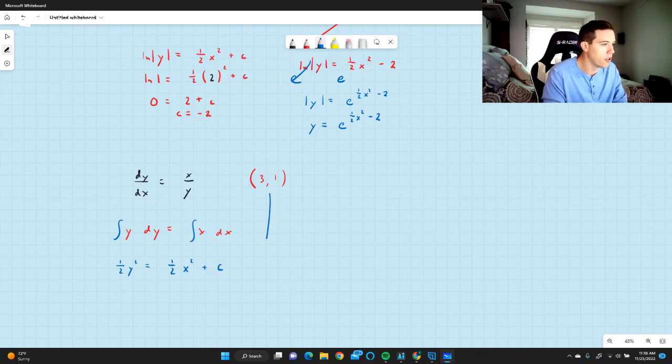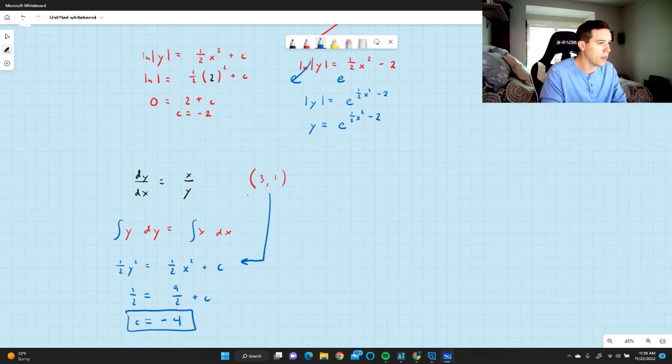Okay, then we plug in our initial condition here. Plug in 1 for y, so we have 1/2 equals plug in 3 for x, so we have 9/2 plus c. So subtract 9/2 over, we get c equals -4.